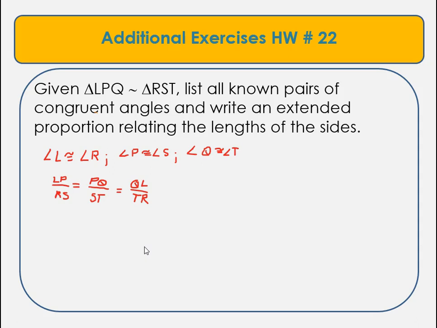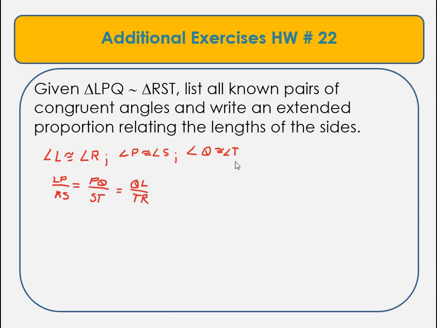So we'll begin with the angles, and angle L will be congruent to angle R. And angle P will be congruent to angle S. And angle Q will be congruent to angle T. So those are our angles, and now we'll set up our sides.